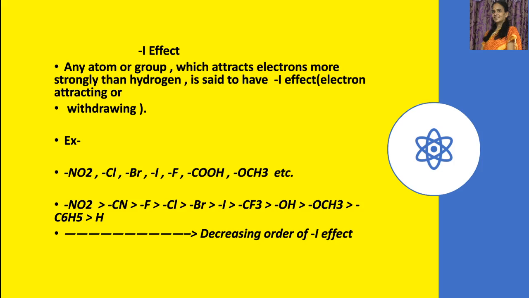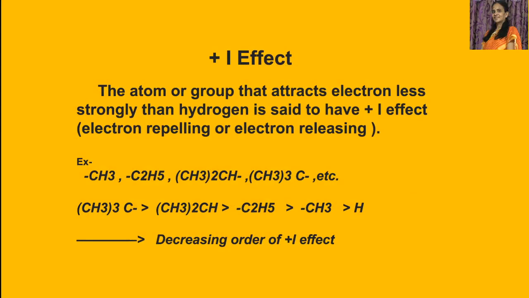Okay, next. Let us discuss the plus I effect. What is plus I effect? Positive inductive effect. These are the groups which are less electronegative than hydrogen and which are classified as plus I effect groups.